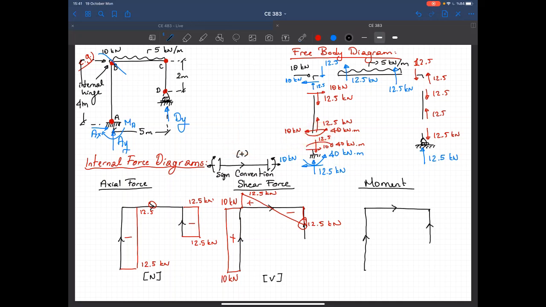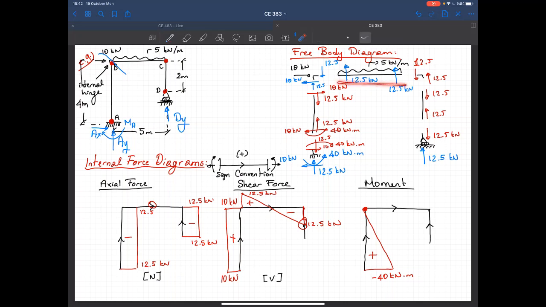So I'll start with a negative moment. So it's minus 40 kilonewton meters. At the top, the moment is equal to 0. We have an internal hinge. The variation, take a look at this one. Shear is constant, so the variation is linear. And the area underneath is positive, so the magnitude of the moment should change in the positive direction. So that should be the variation, a linear variation, plus.